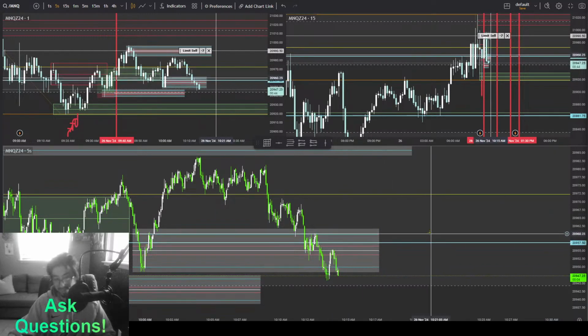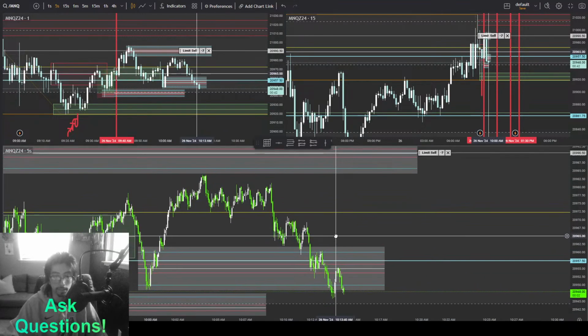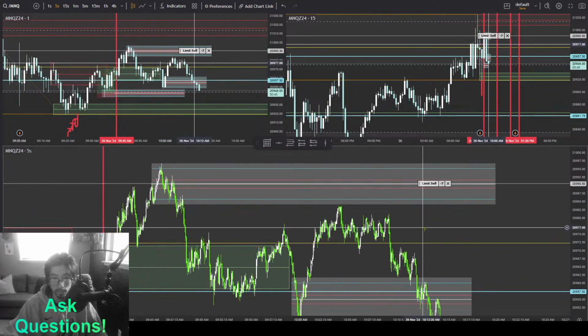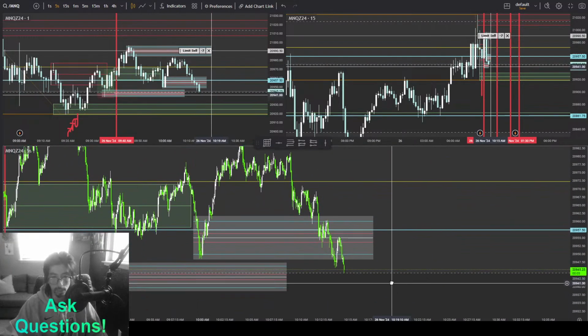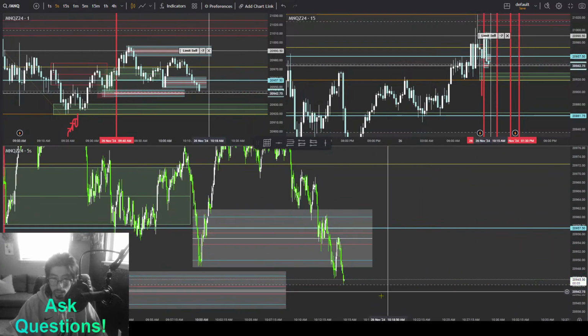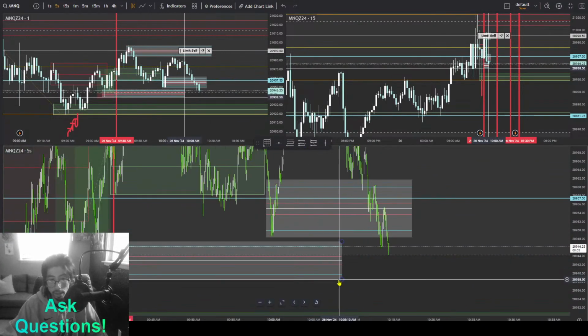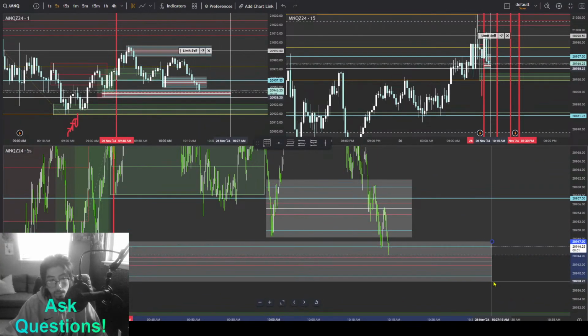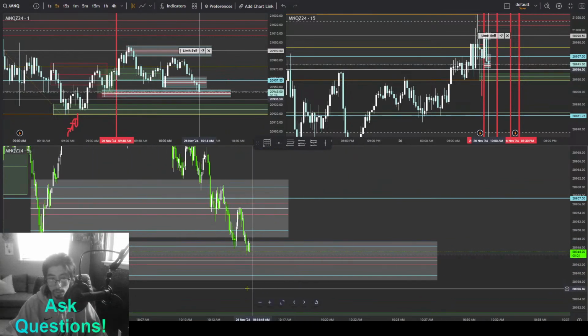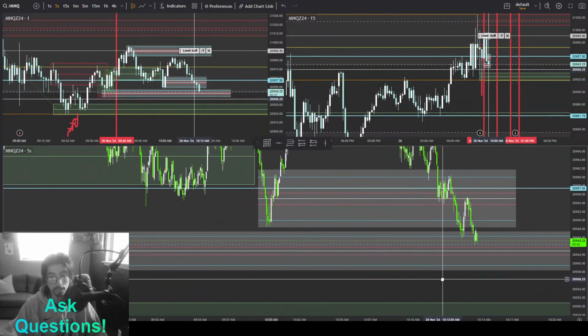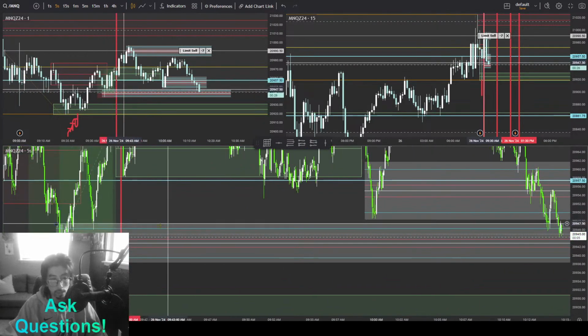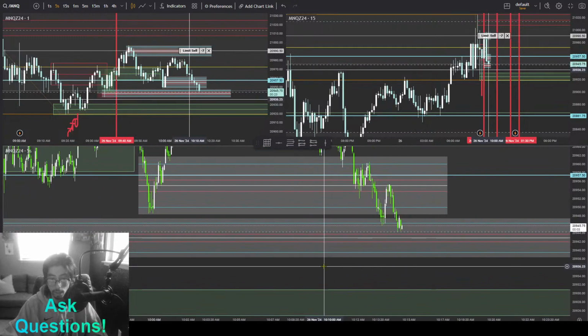Alrighty. Let's see. Oh, this is the one that I took the order off. See if this one delivers. There it goes. I don't want to trade this one anymore because we got way too far away from it.